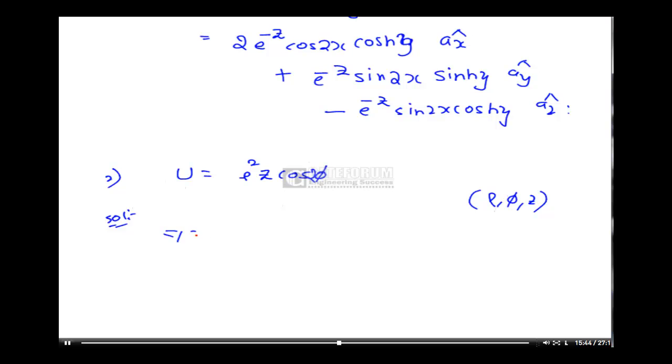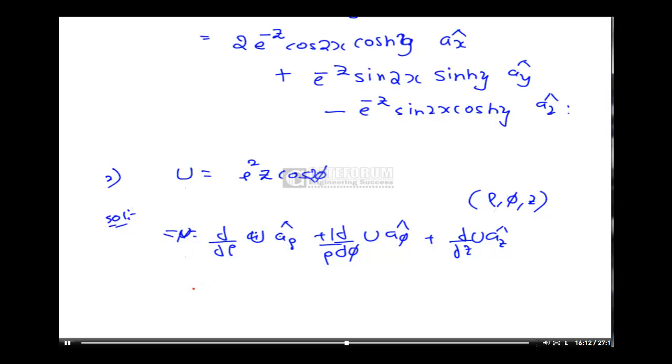That is, del U is equal to dou by dou rho of U a rho plus 1 by rho dou by dou phi of U a phi plus dou by dou Z of U a Z. If you calculate this, calculate and verify your answer.